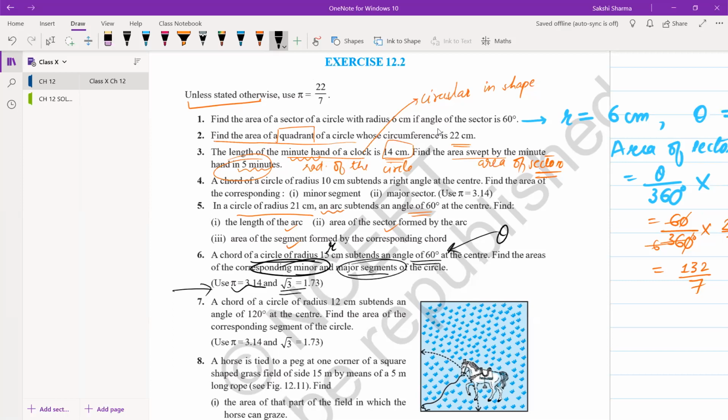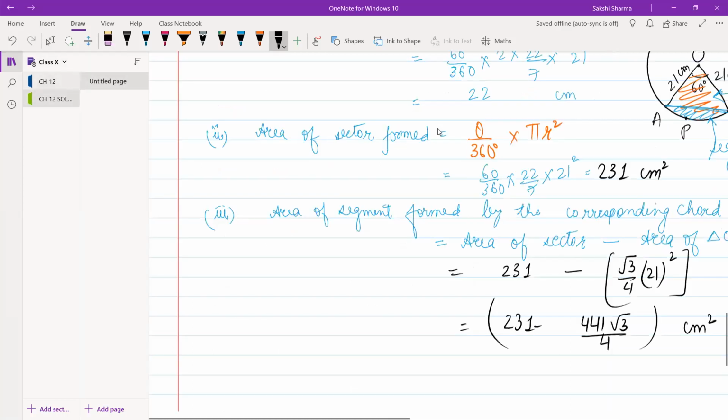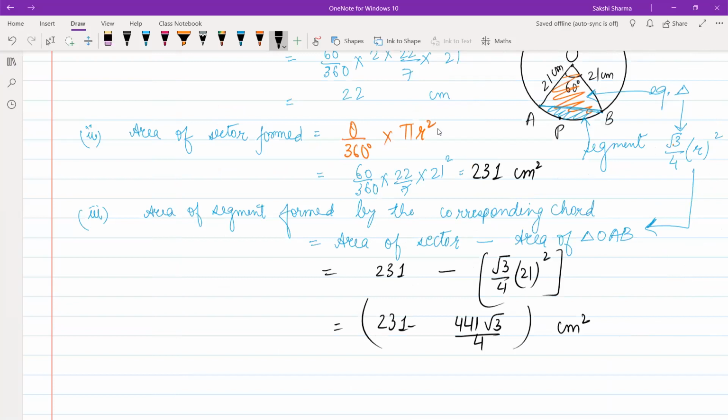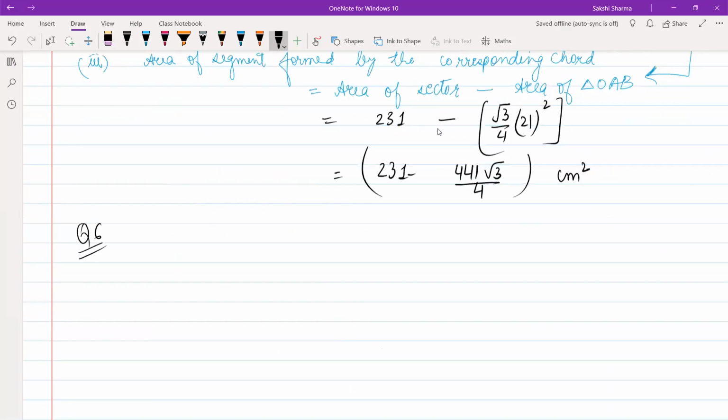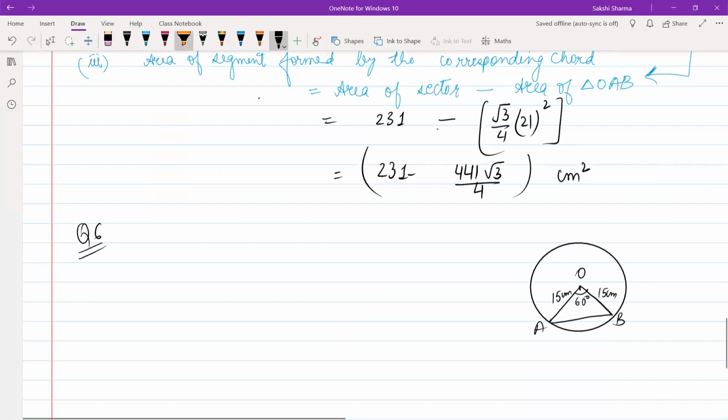Now I'm going to just help you write down the formula for this and you will be calculating the answer on your own. This is question number 6. The radius is 15 centimeters and theta is 60 degrees. You can write down the formula first of all.